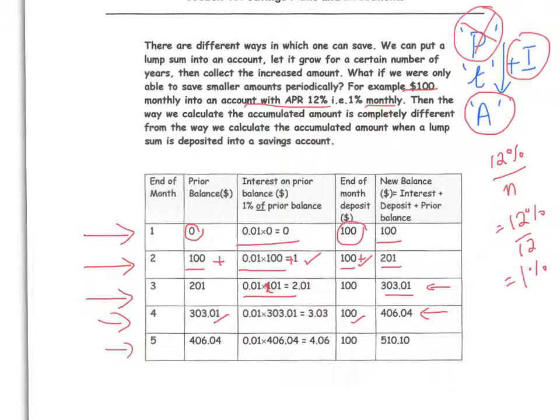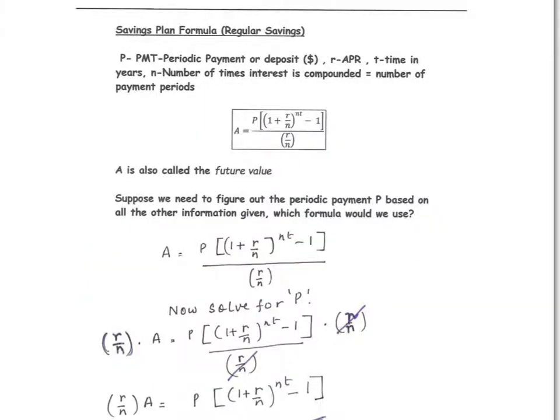So this is the idea of how a periodic payment into a certain account that earns compound interest can be calculated. The calculations that we did on the first page were just for us to understand how interest is calculated in an account that has a periodic payment of $100 and an annual percentage rate of 12%.